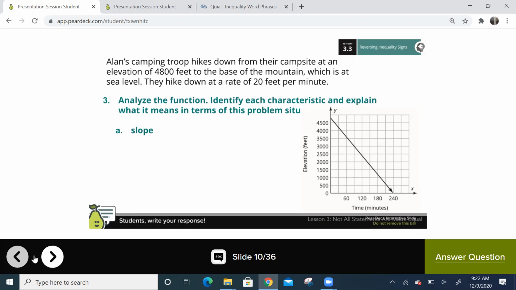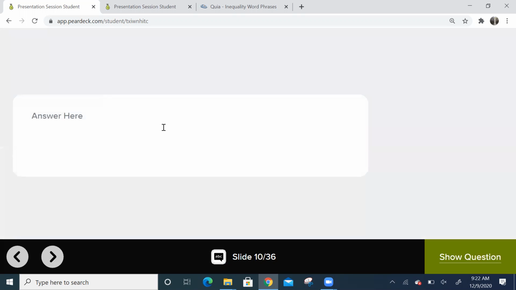Analyze the function, identify each characteristic, and explain what it means in terms of this situation. What is our slope? It's negative 20 because we're going down, so it's negative 20 feet per minute.